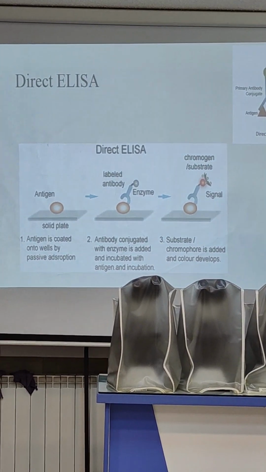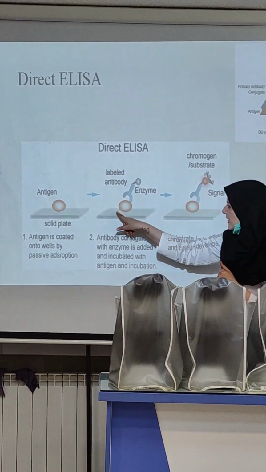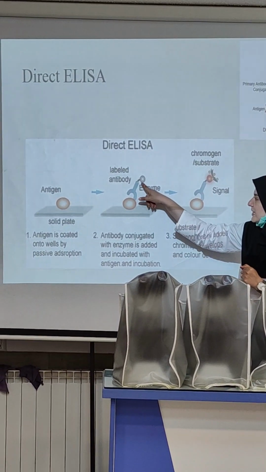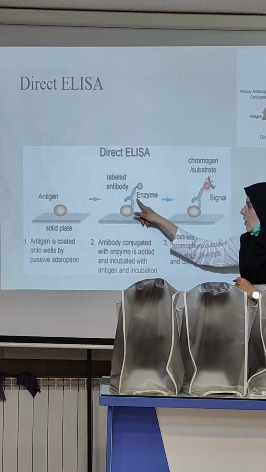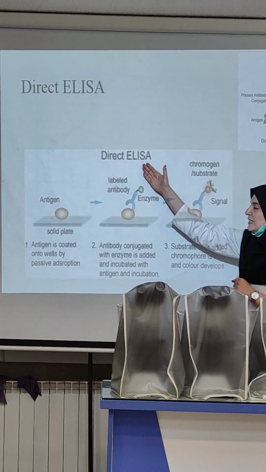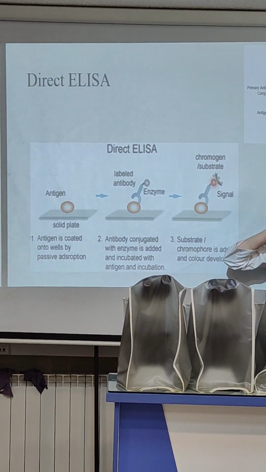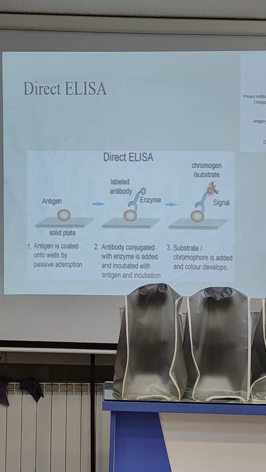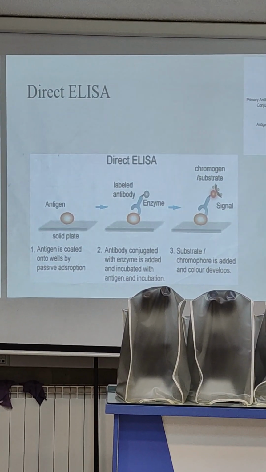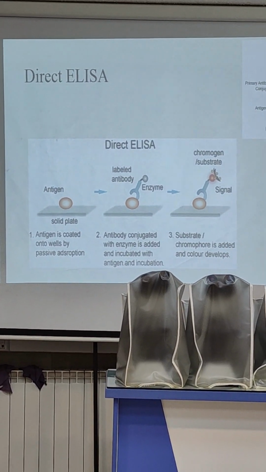Because the label directly binds to the immune complex, it is known as a direct ELISA. Clear? When we bind the tracer directly to the immune complex, it is known as direct.